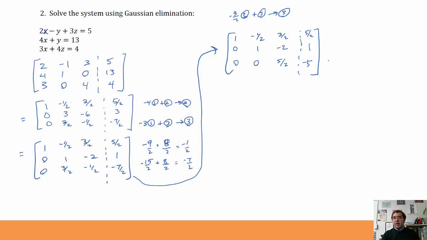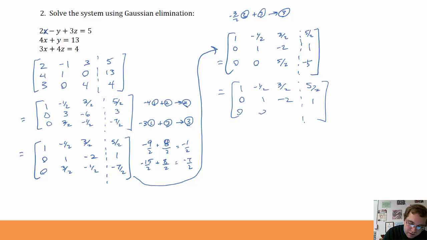Well, I divide it by 5 over 2, which is the same as saying I multiply it by 2 over 5. Multiply by the reciprocal of it. So, top row doesn't change, second row doesn't change, bottom row 0, 0. I divide it by 5 over 2, which means I multiply it by 2 over 5. That gives me a 1. And then negative 5 times 2 over 5 is negative 2.